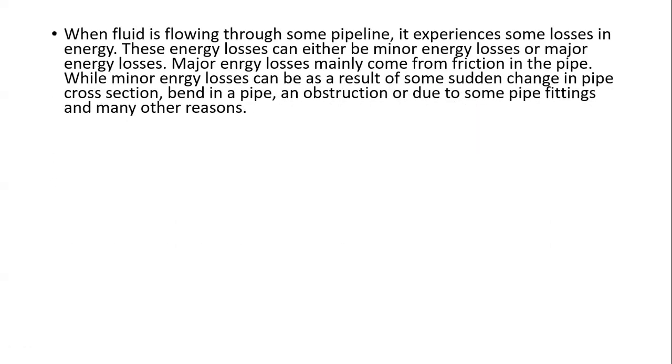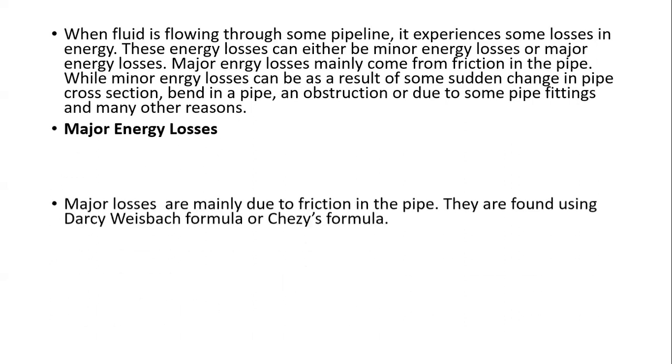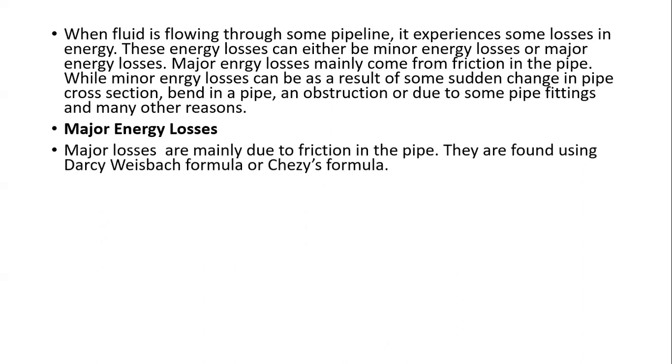So here is where this is coming in. We're not saying that we can ignore one group and forget about the other, but all of them are important. If you talk about the major energy losses in pipe flow, the biggest contributor is friction as a result of the walls of the pipe.